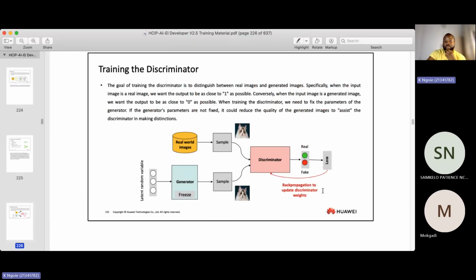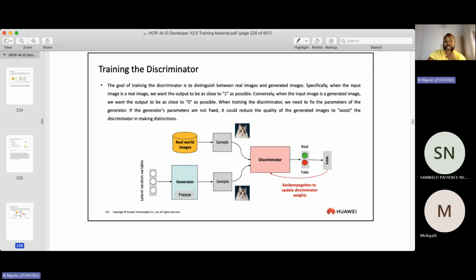The discriminator will update its weights by minimizing this loss function, as we've seen in AI when we talk about loss functions.